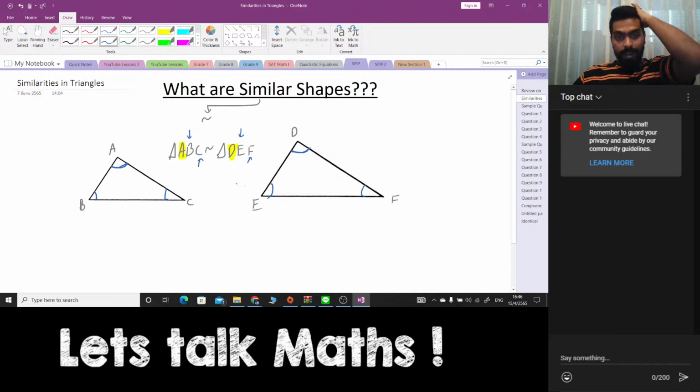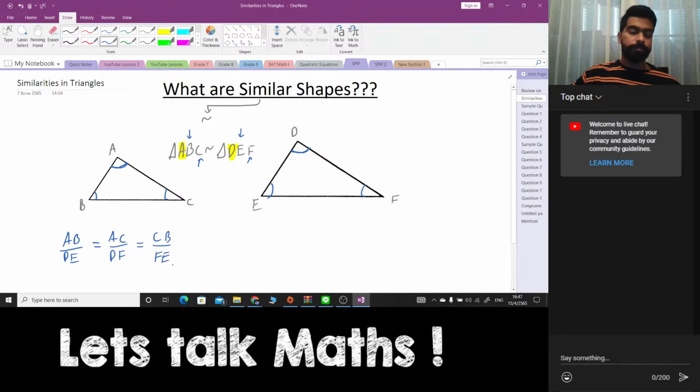And for triangles to be similar to each other, we also have to know that the sides of each triangle, the corresponding sides, will also be proportional. So our AB over DE will be equal to AC over DF, and this will be equal to CB over FE.